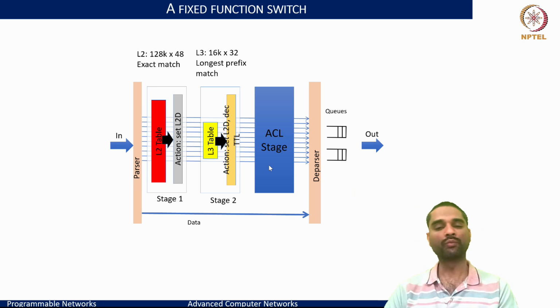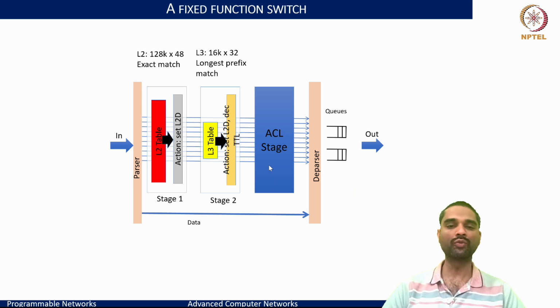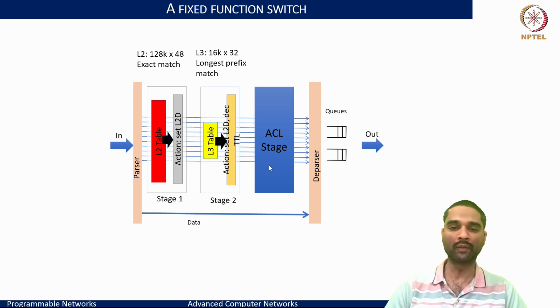And as it proceeds further to stage 2, it would basically do the layer 3 table, where it would look up the specific IP source and destination in the packet header, match on them, and then take specific actions like decrementing the TTL before forwarding the packet out.